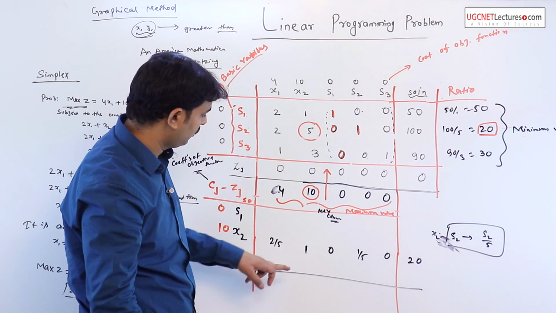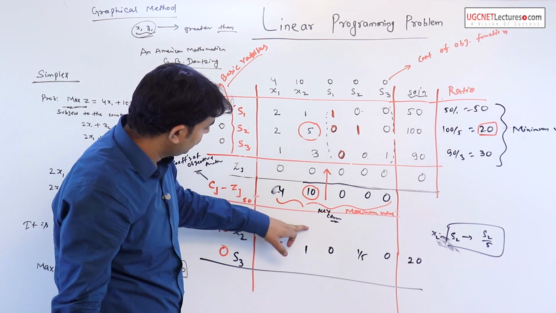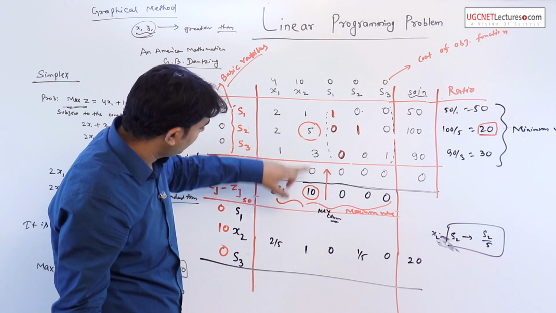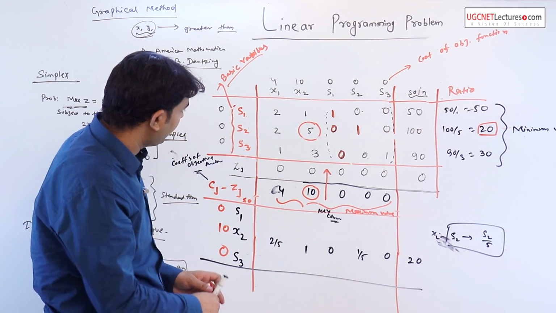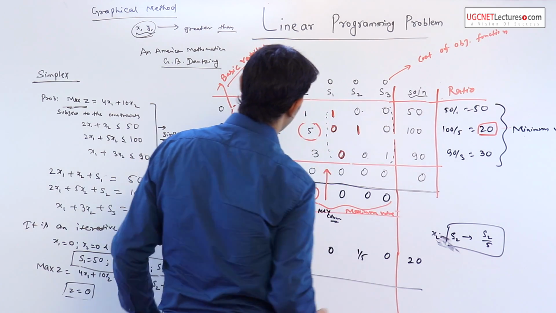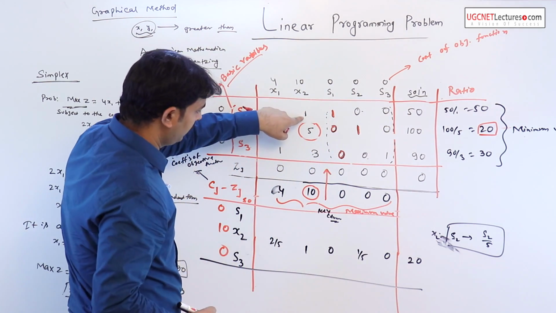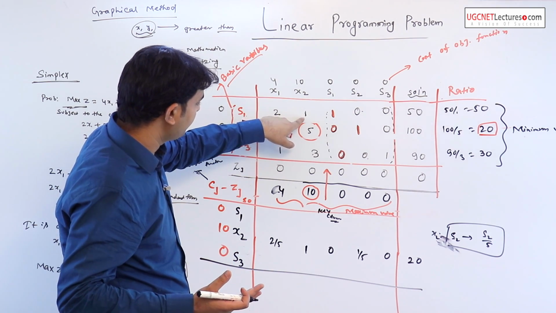Now for the value here which is not 0, when it becomes 0 we have to change to row equivalent form by applying the Gauss-Jordan elimination method.